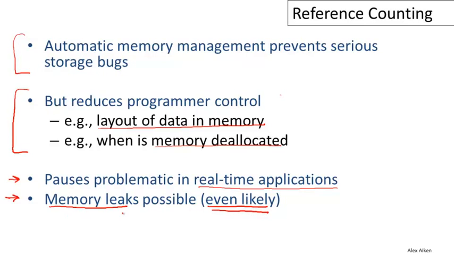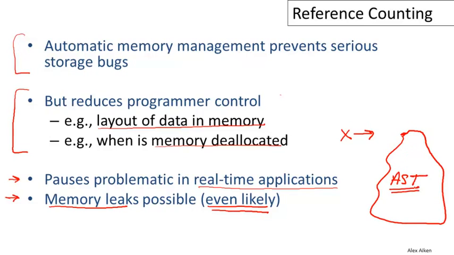And the kind of memory leak that you will have in, say, a Java program is that you'll have some variable, say x, that points to some data structure, and this data structure is gigantic. Okay, so let's say that this is the abstract syntax tree in a compiler. Now there may come a point in the computation where you don't need the abstract syntax tree anymore.